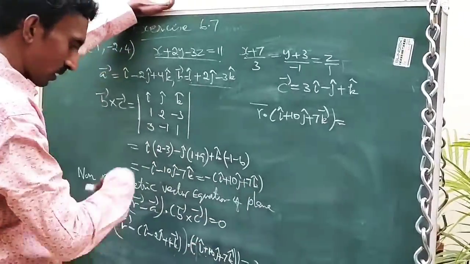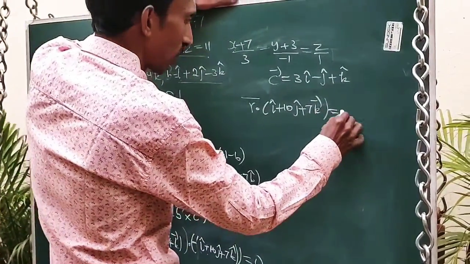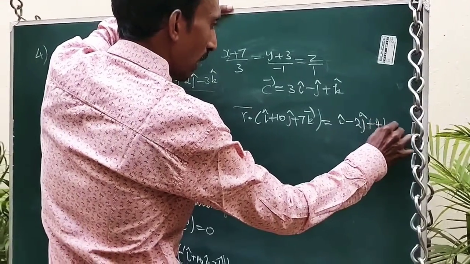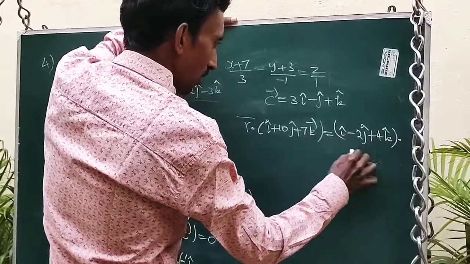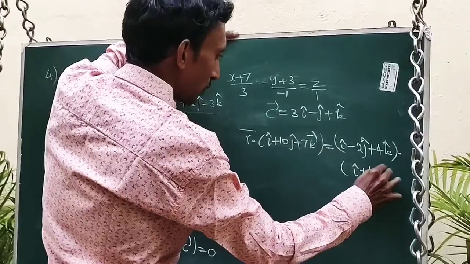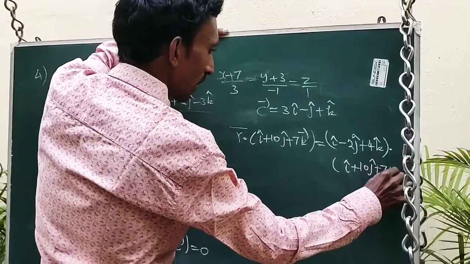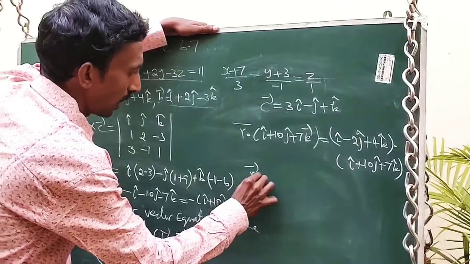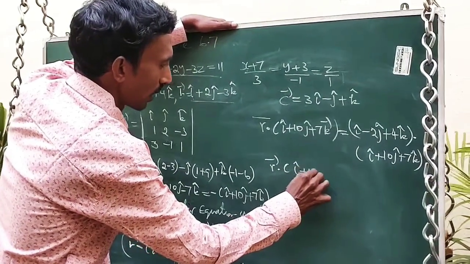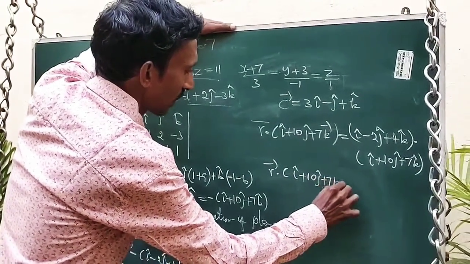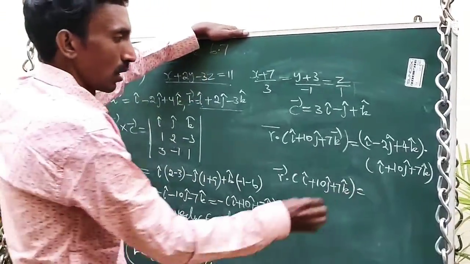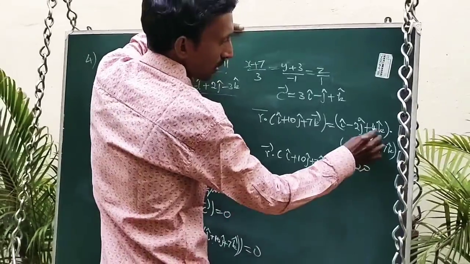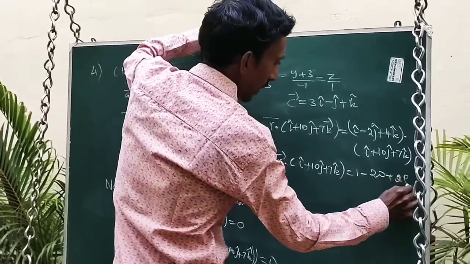Second one minus, change the side, becomes positive. (i minus 2j plus 4k) dot (i plus 10j plus 7k). So r dot (i plus 10j plus 7k) equals 1 minus 20 plus 28.